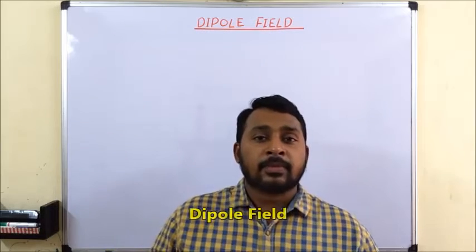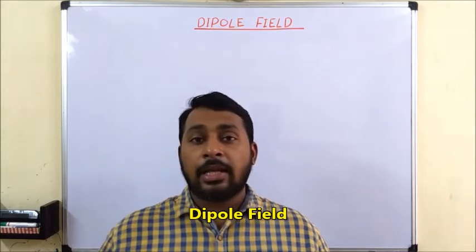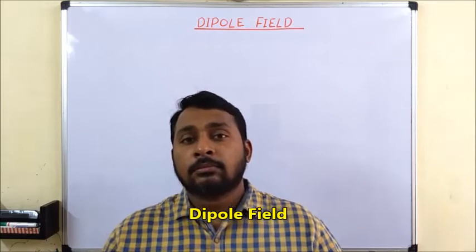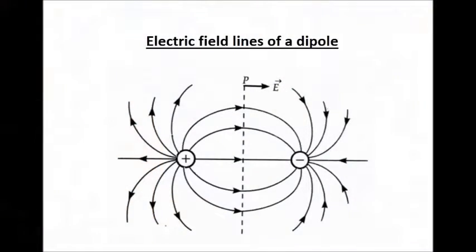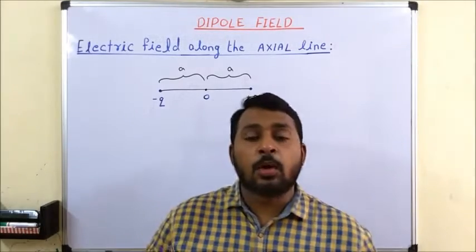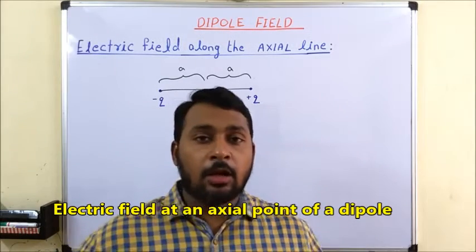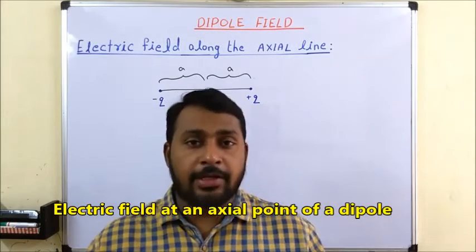Next is electric field around an electric dipole. Look at the diagram. First one, electric field along the axial line of an electric dipole.